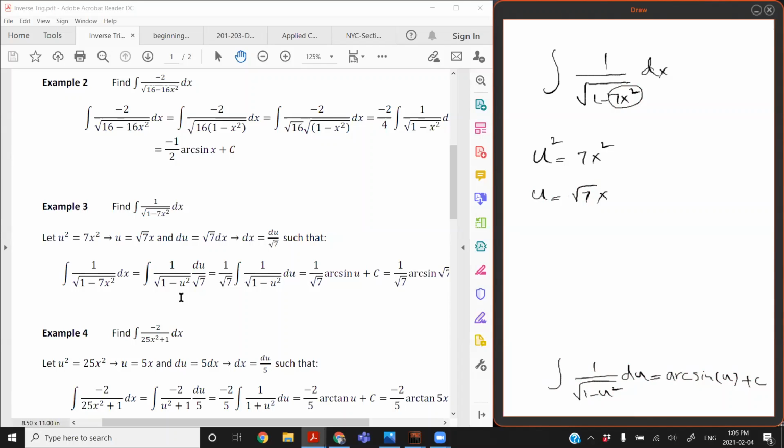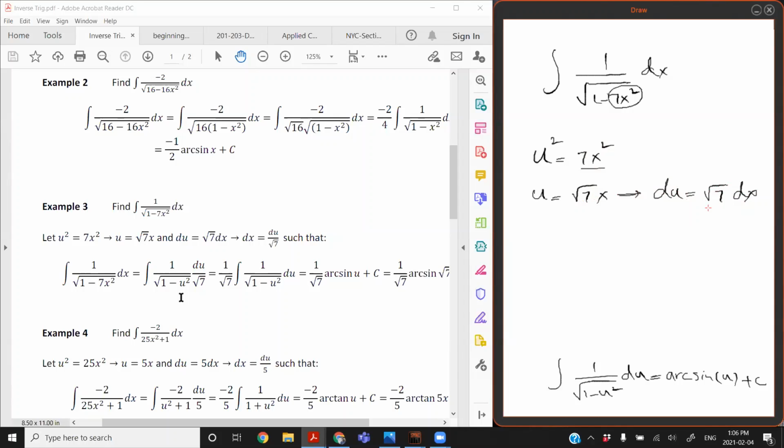I know this, so I want this here to be replaced with u squared. So I take u squared to be 7x squared, then automatically u would be the square root of this, which is root 7x. And then from this I can conclude that du is root 7 dx, because root 7 is a constant.